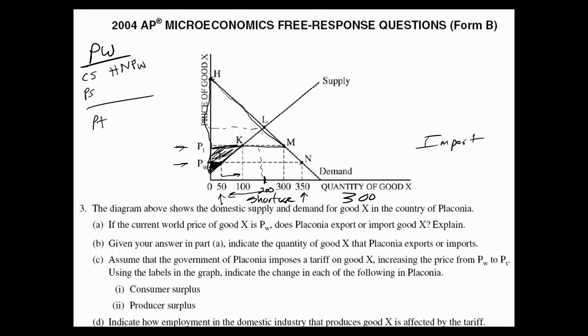And we can see that the tax revenue the government will collect will be this box right here. And the dead weight loss will be these areas right here in green. This is the dead weight loss here, and this is the dead weight loss here.